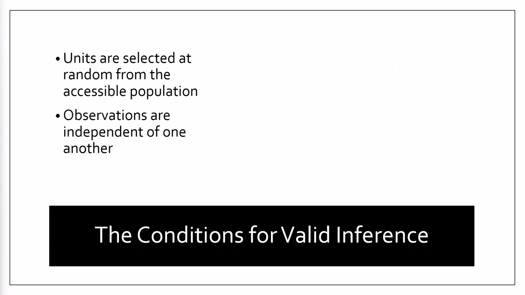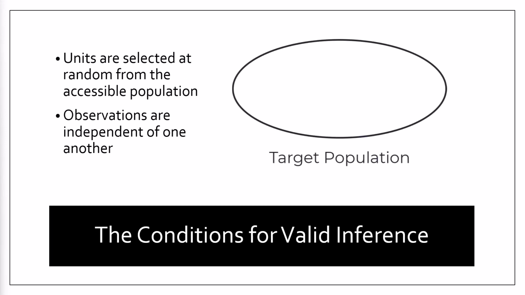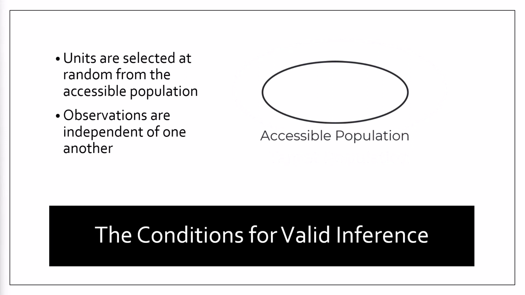Well, step 1, assess the conditions for valid inference. And if you recall from previous videos, we have to select units at random from the accessible population. I really am interested in a target population, but we don't have access to the whole target population. So instead, we have that population that's accessible to us. That is not the sample. The sample would be what we actually observe.